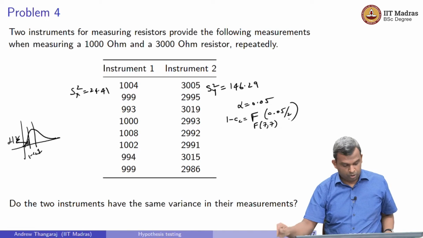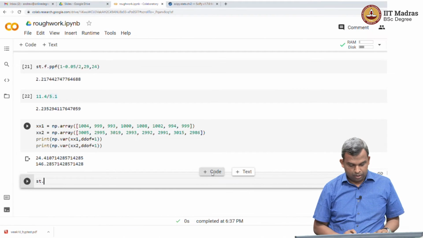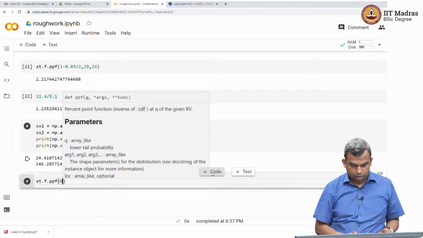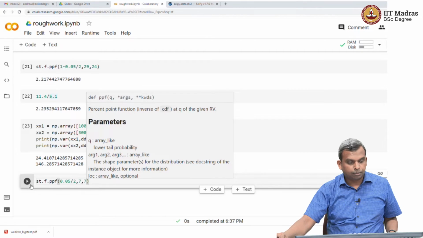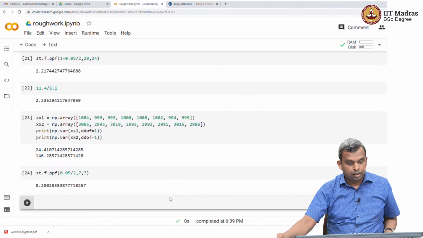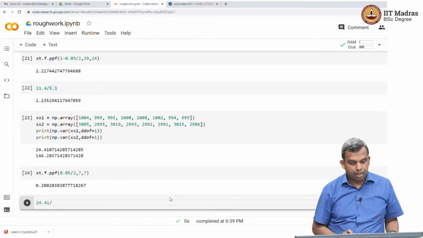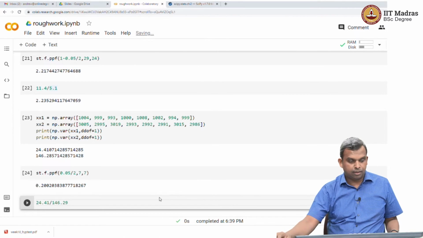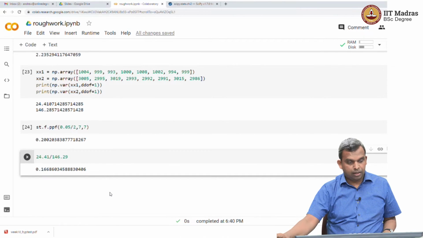From here one needs to compute this: st.f.ppf of 0.05 by 2 comma 7 comma 7, which is 0.2002. The other calculation is 24.41 divided by 146.29, which works out to 0.167. Let's keep that in mind.